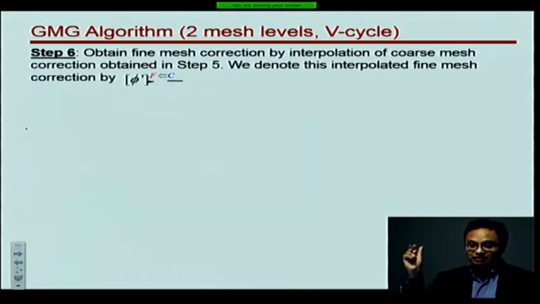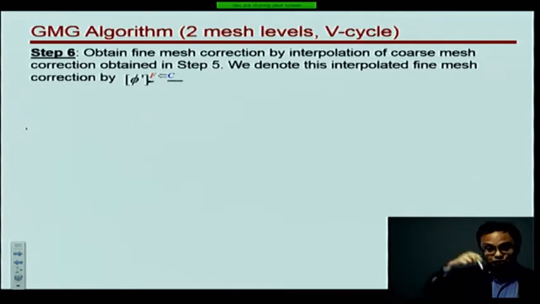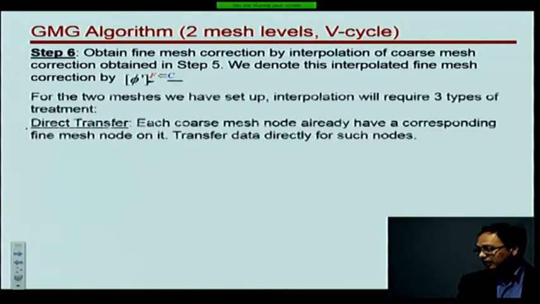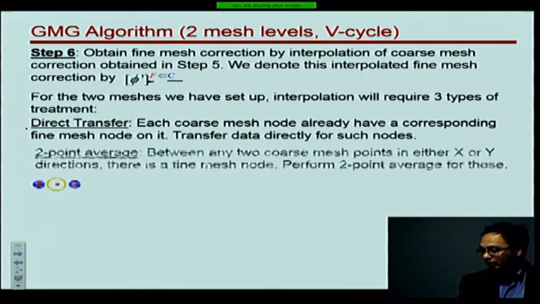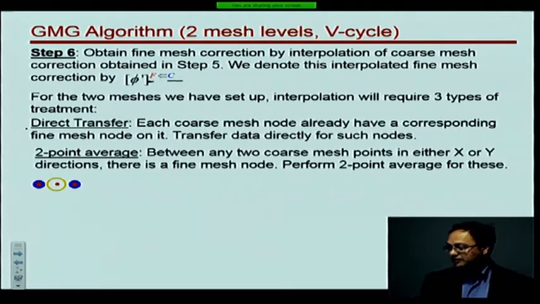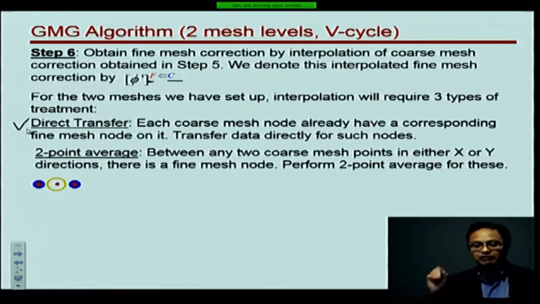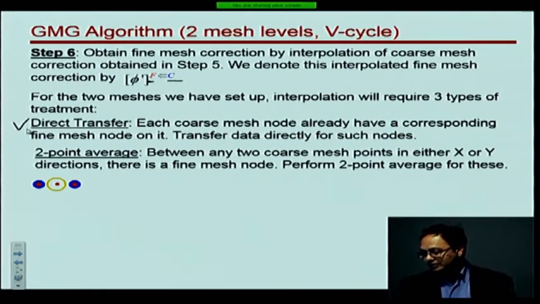Now, of course, this will require interpolation because we have several scenarios. One is we have direct transfer. So wherever we have nodes sitting atop each other, coarse and fine, we just transfer the phi. That's it. You will run into scenarios like this where you will have a fine mesh node in between two coarse mesh nodes. So you will have to do a 2-point interpolation.